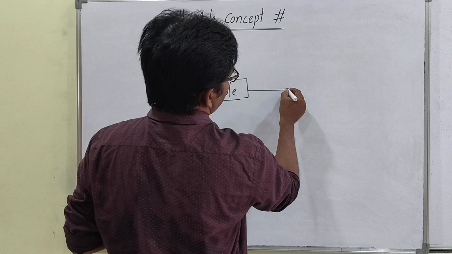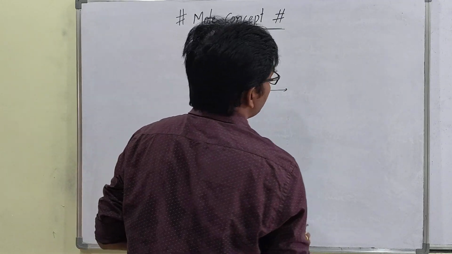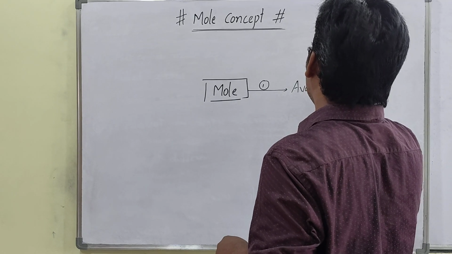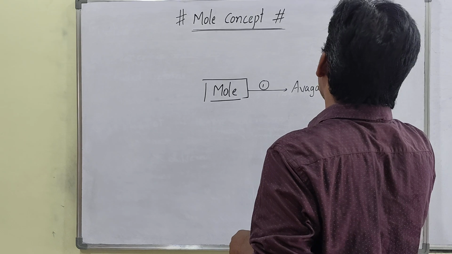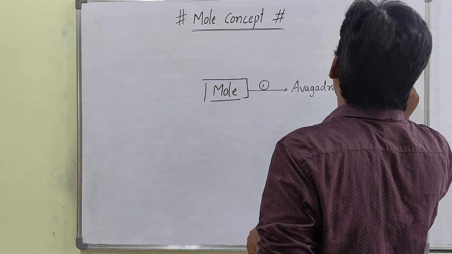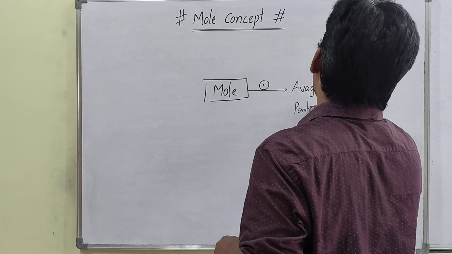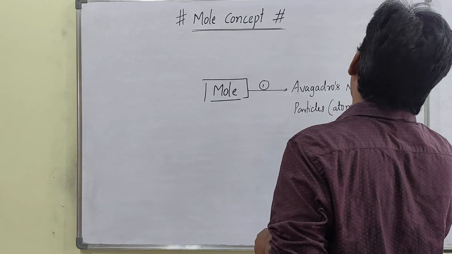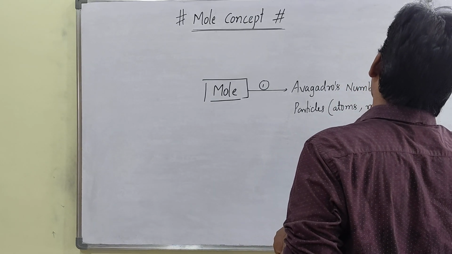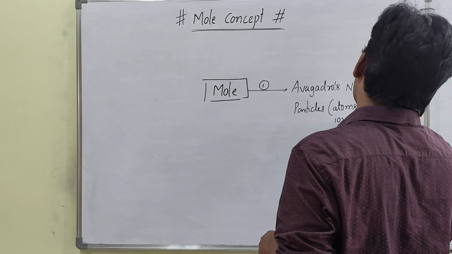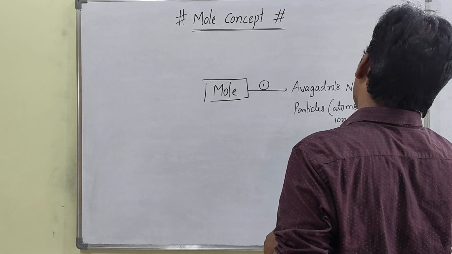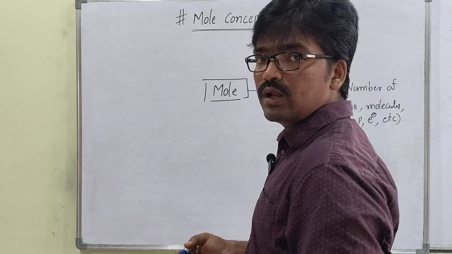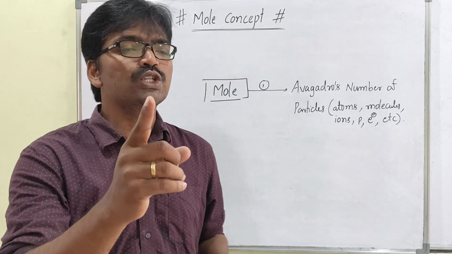The first one is Avogadro's number of particles, nothing but atoms, molecules, ions, protons, electrons, etc. They can be anything. If there are Avogadro number of particles, that is equal to 1 mole.